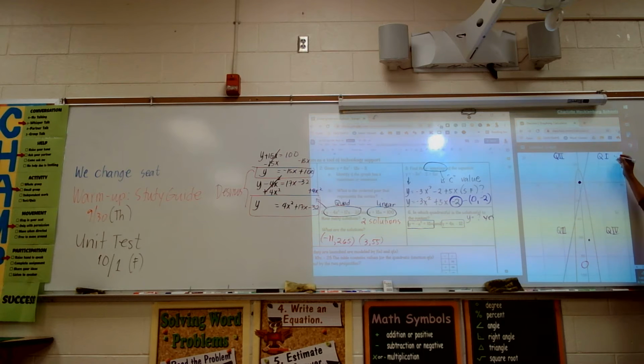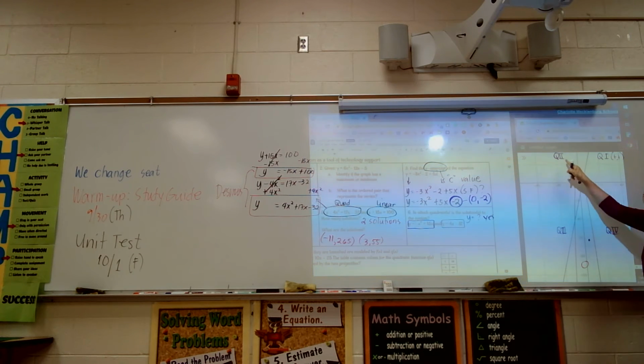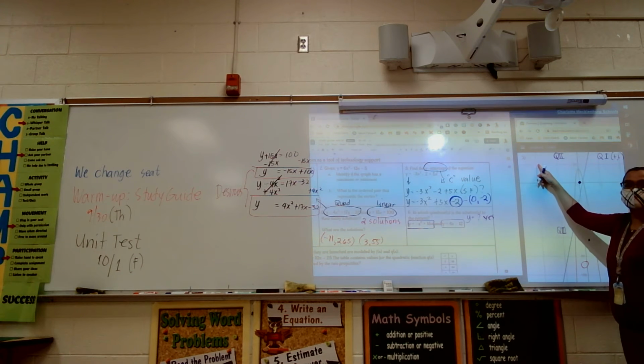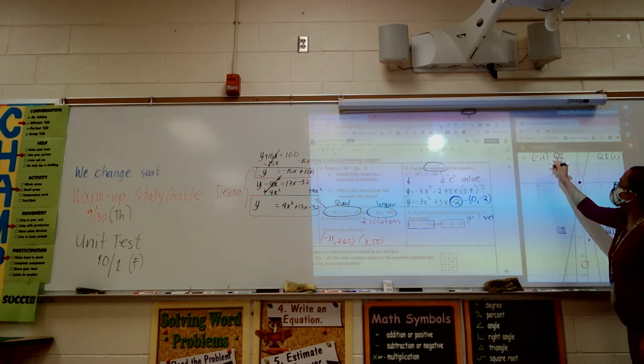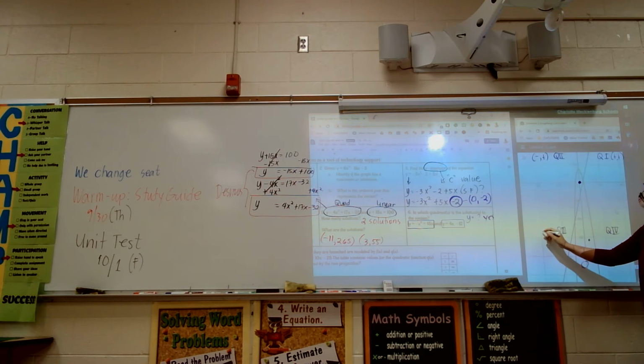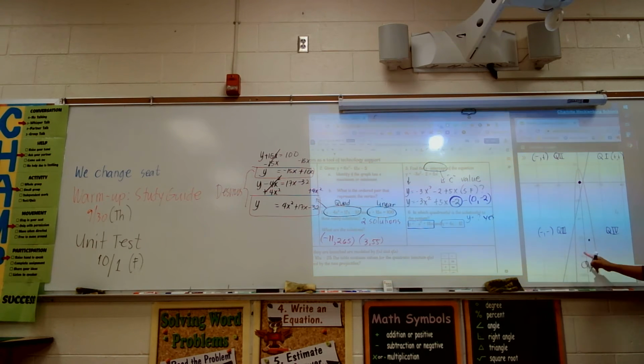Now, this would be x is positive, y is positive. Quadrant 2, what is x here? Is it positive or negative? Negative x and then y is positive. Quadrant 3, same, negative x and negative y. While 4 would be a positive x and negative y.